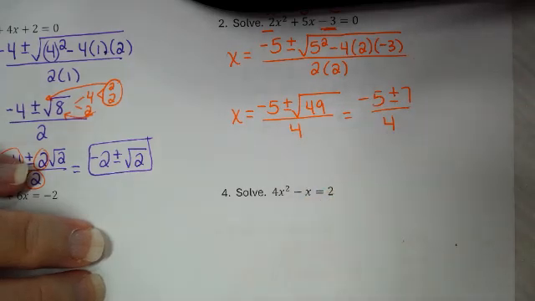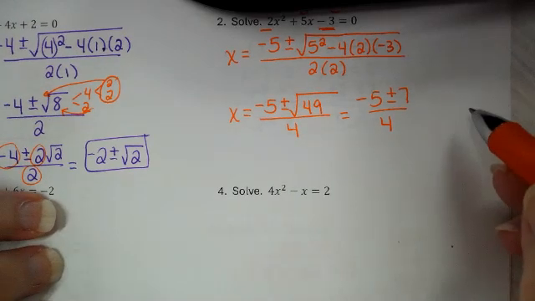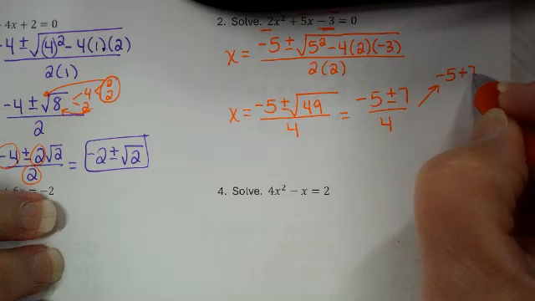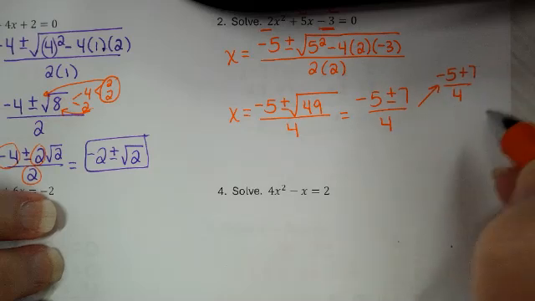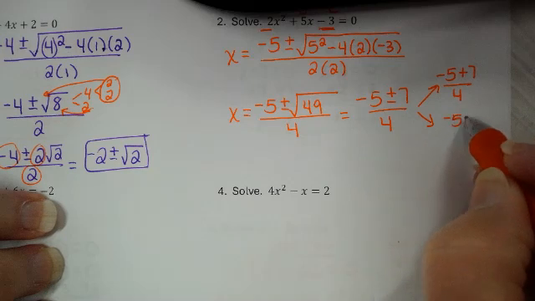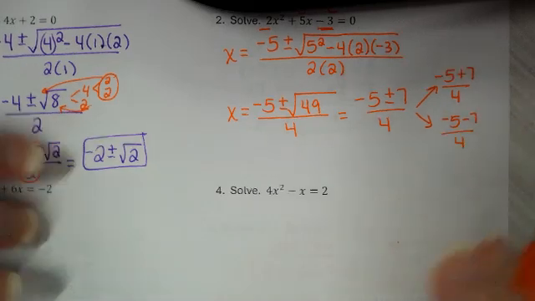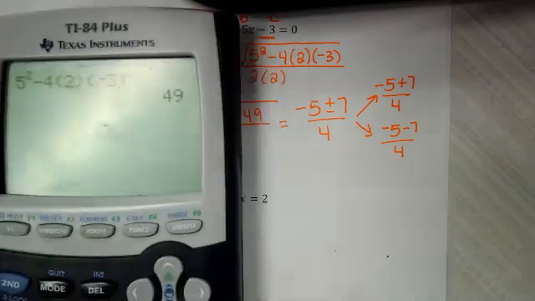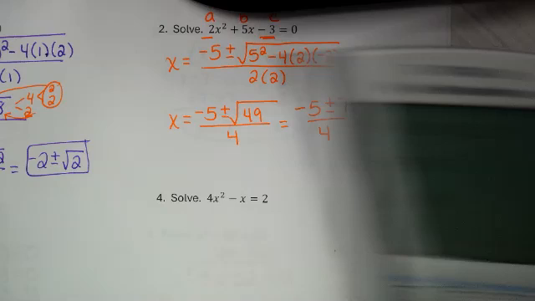So I have two answers here. One of my answers is negative 5 plus 7 divided by 4. And my other answer is negative 5 minus 7 divided by 4. So negative 5 plus 7 is 2.